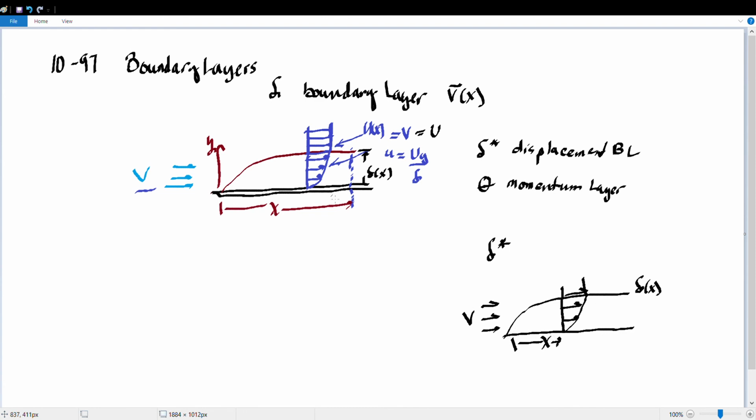Now, what the displacement layer is, I'm going to draw these streamlines here. As fresh fluid is coming in this way, this boundary layer is going to cause it to deflect up like this and continue that way.